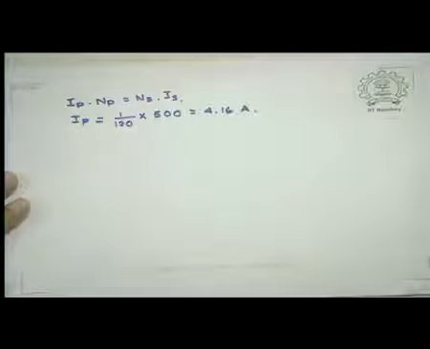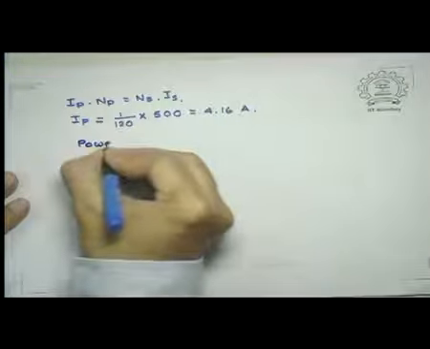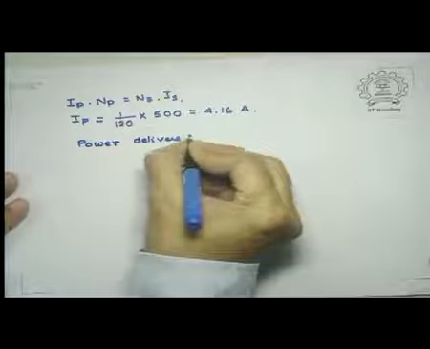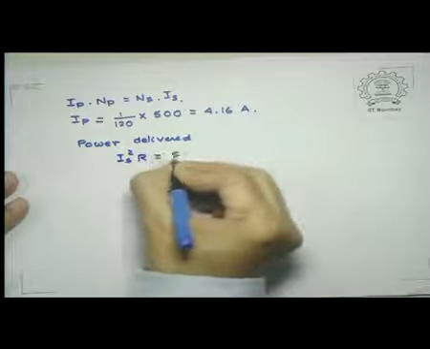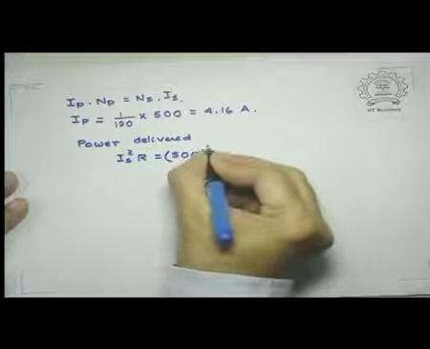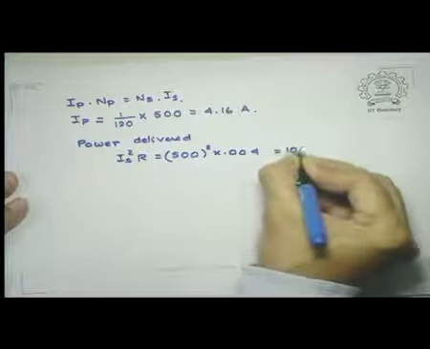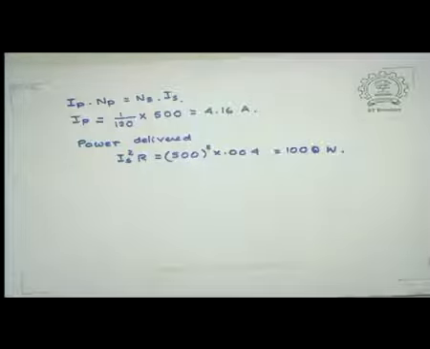How much power was actually delivered by the secondary circuit? So the power delivered by the secondary circuit is Is square R, and that's simply equal to 500 square multiplied by 0.004, and that's about 1000 watts. This is usually a good enough power to melt the piece of nail in, let's say, a couple of minutes.